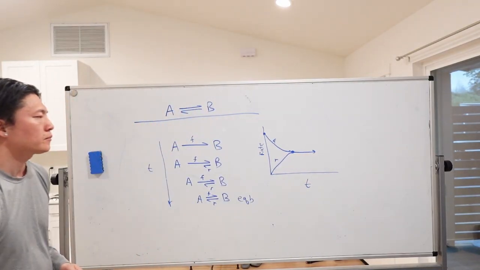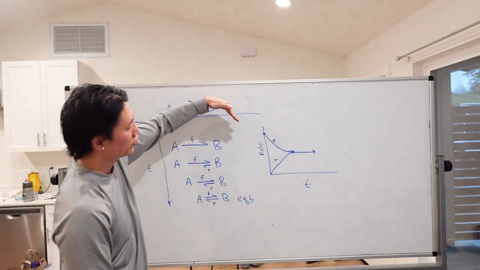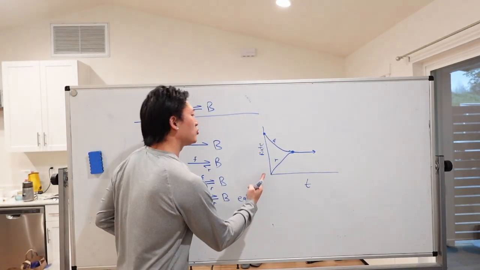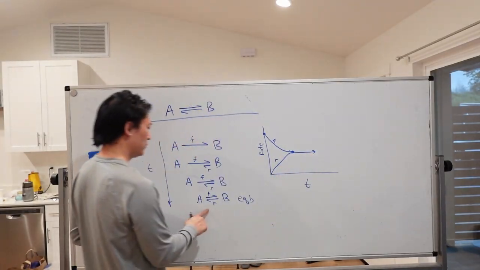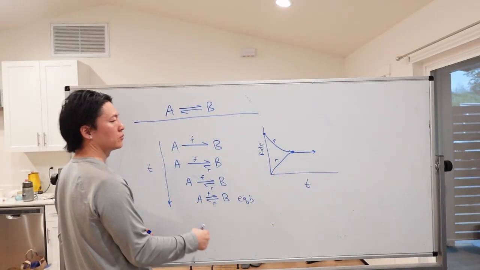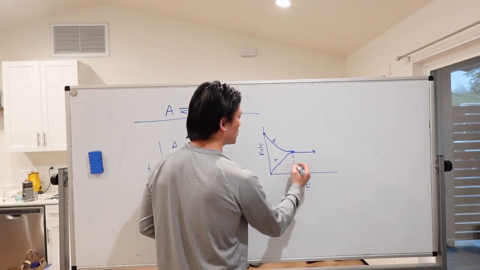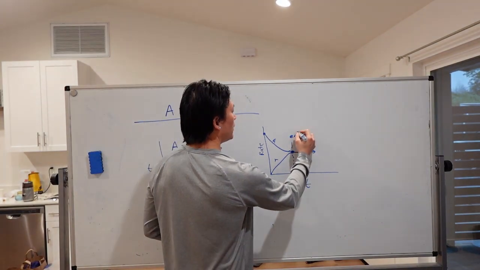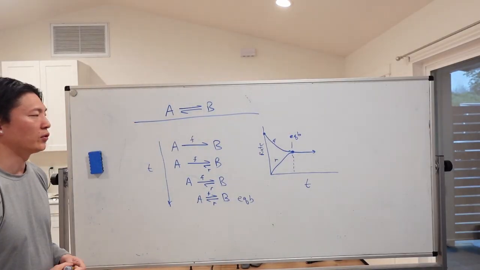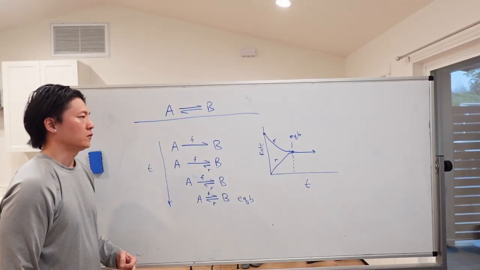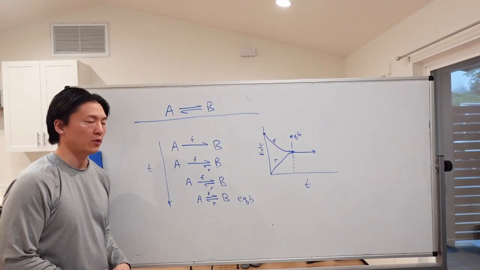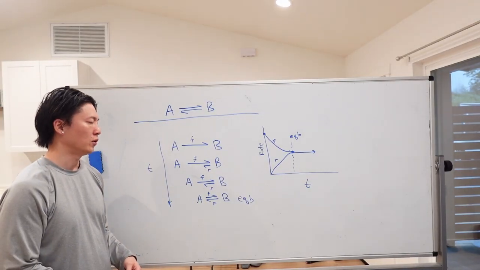So the forward rate decreases and the reverse rate increases until they are the same rate. Hence, the same size arrows here. And so this position is equilibrium. That is the definition of equilibrium: when the forward rate equals the reverse rate. So that's just a more in-depth look at equilibrium.